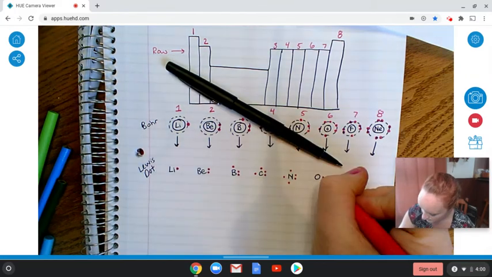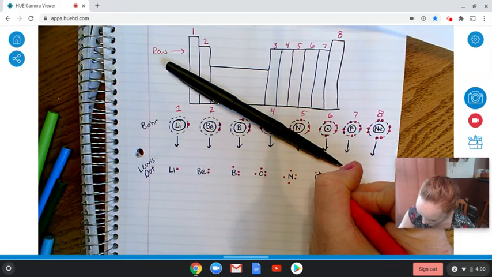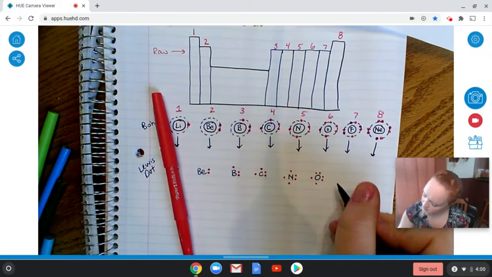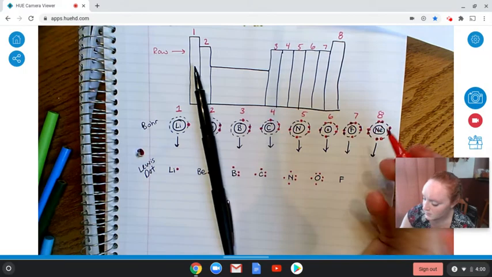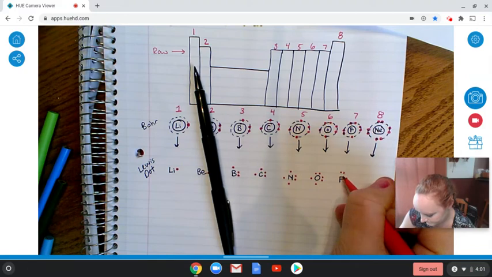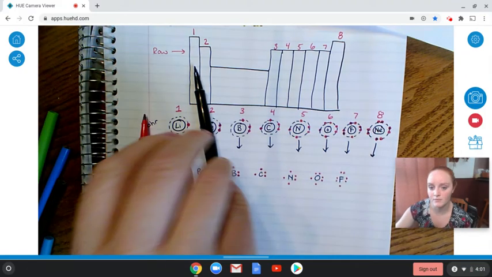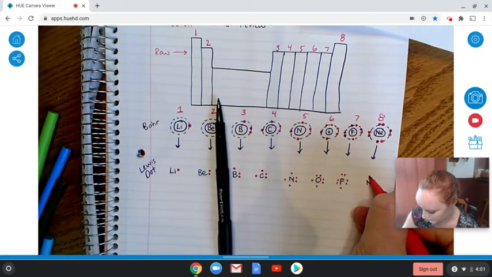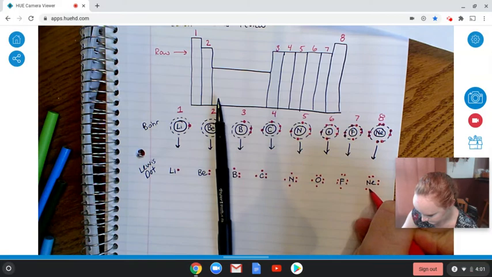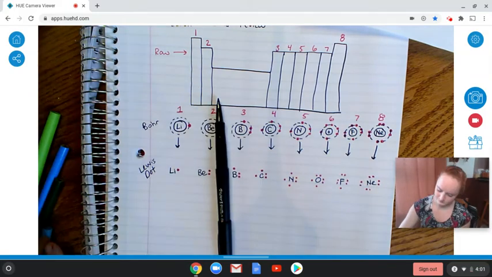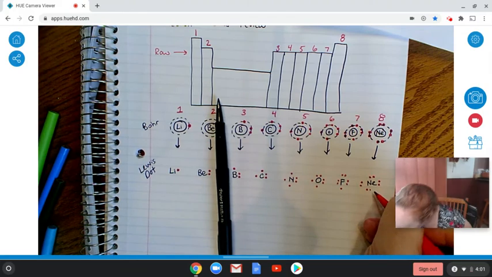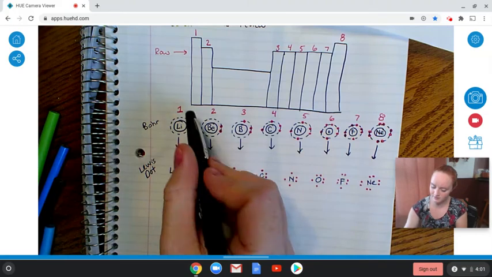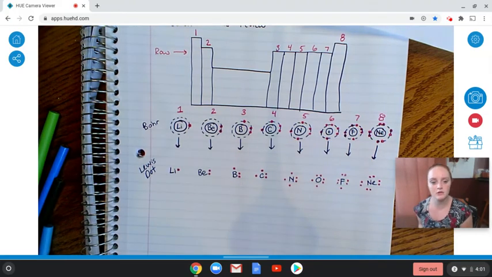Oxygen has 6. Two, 2, 1, and 1. Fluorine has 7. And neon is full with 8. So for each column, we now have an example of a Bohr model and a Lewis dot.